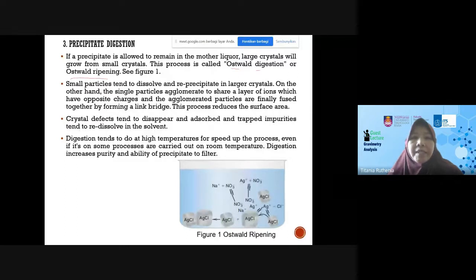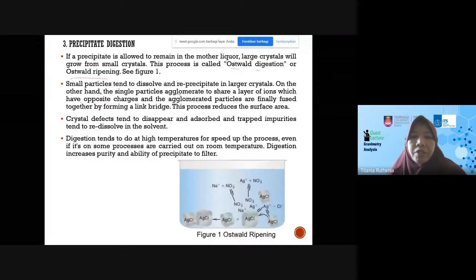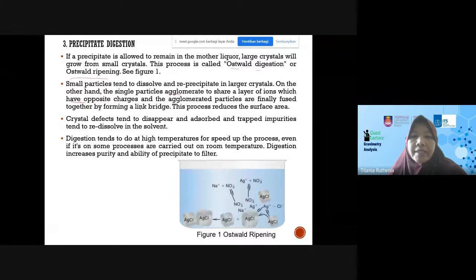What we call the process is Ostwald digestion or Ostwald ripening. So small particles dissolve and reprecipitate, going back and forth into the larger crystal. On the other hand, the single particles agglomerate to share a layer of ions which have opposite charges, and the agglomerated particles are finally fused together by forming a link bridge. This process, of course, will reduce the surface area.